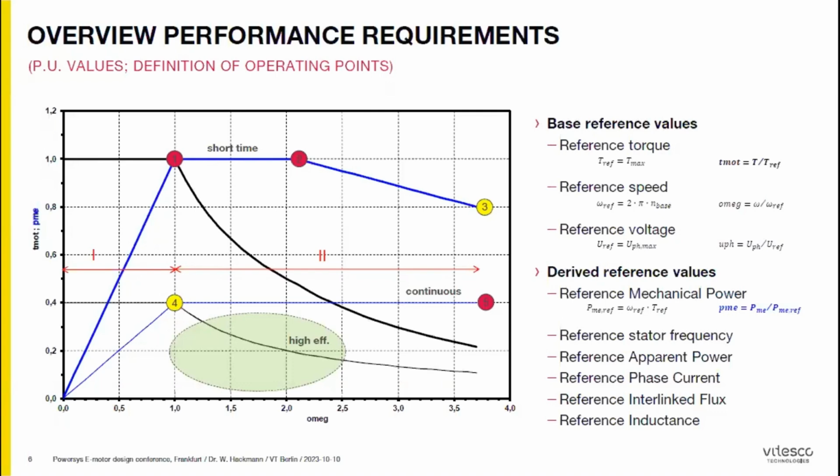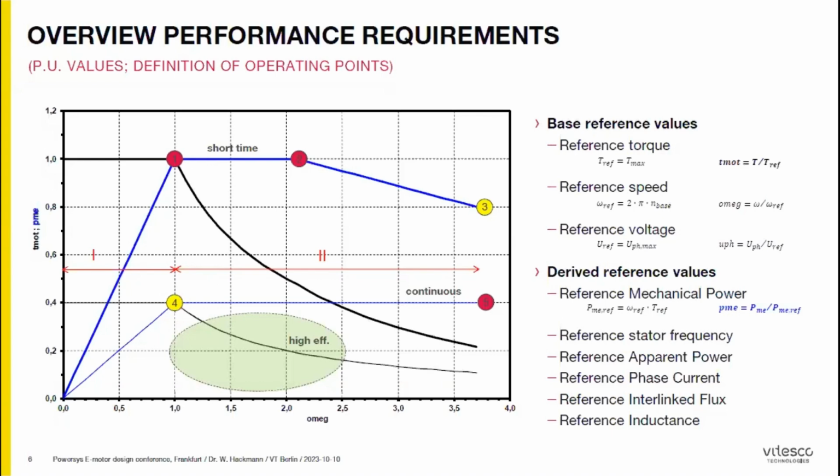Then you have the typical characteristics for short term. You start with the maximum torque, reach the maximum power, and then everything is reduced. This is for a short time, 20 or 30 seconds. The same you can then define for continuous operation, which in our business is normally 30 or 40 minutes.